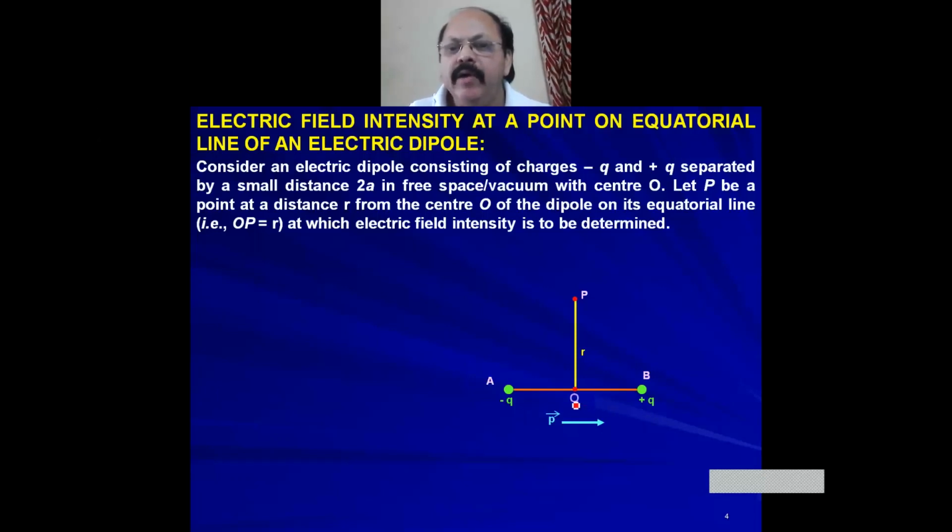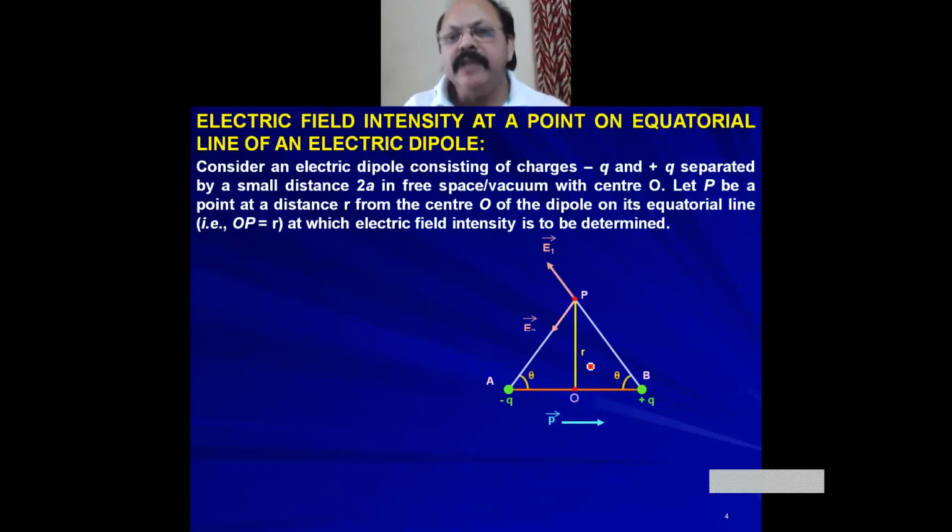So OA equals a and OB equals a. Let P be a point at distance small r from the center of the dipole at which electric field intensity is to be determined.